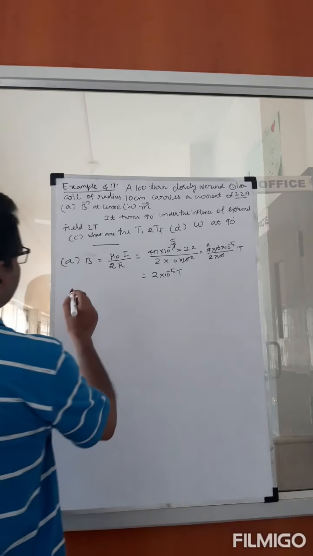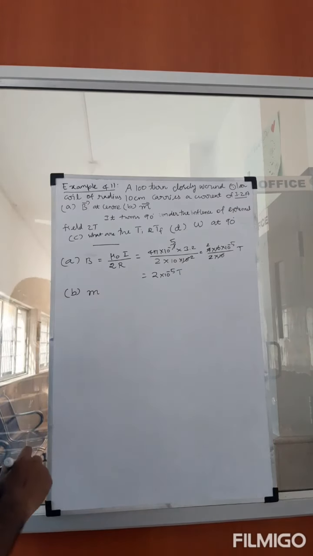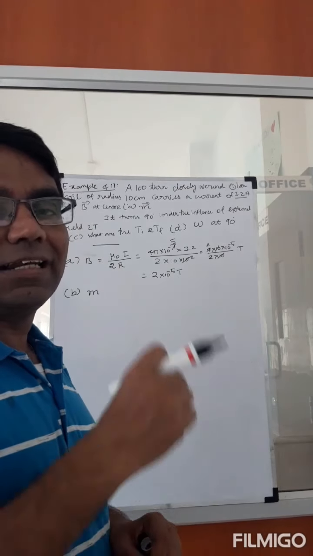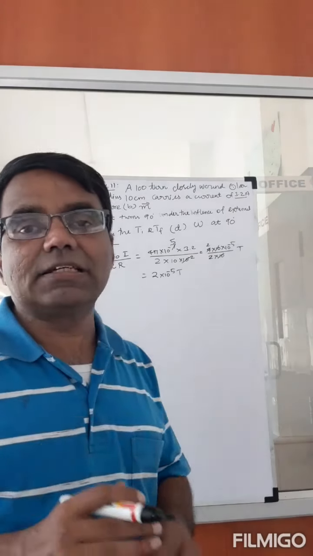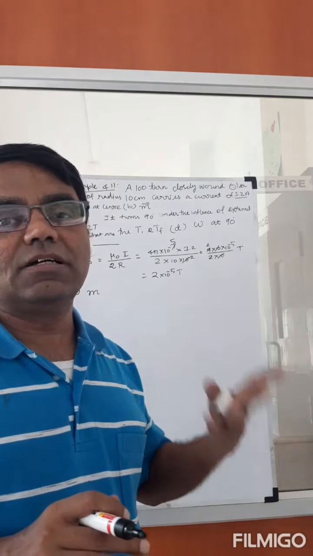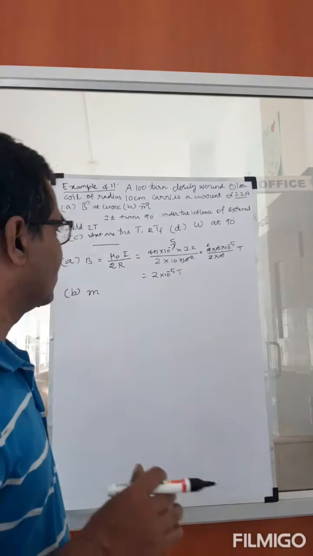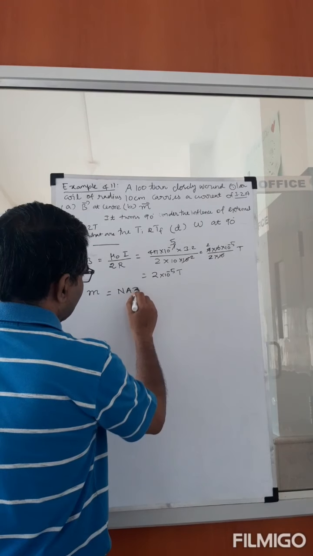And let's come to B. They want you to find M, the magnetic moment. I said the magnetic moment for a multi-turn coil is NIA. An easy way to remember this is M is NAI, the magnetic moment is NAI.